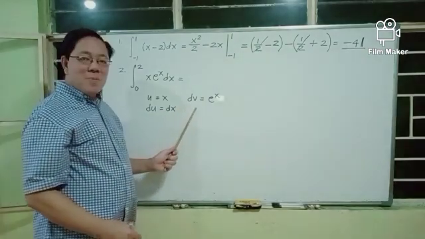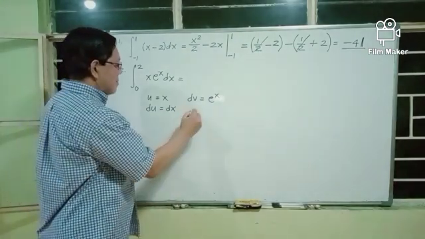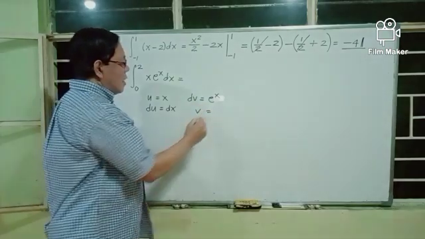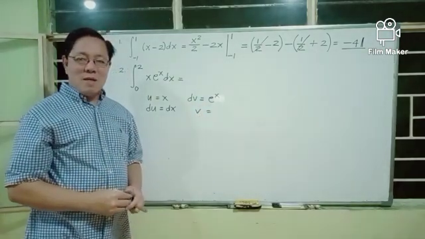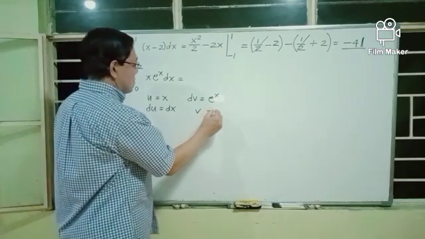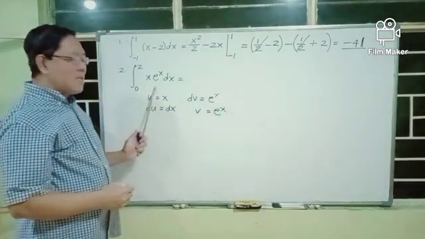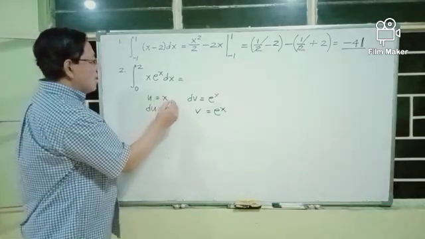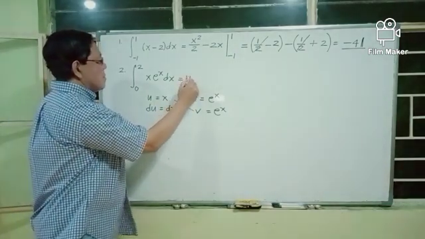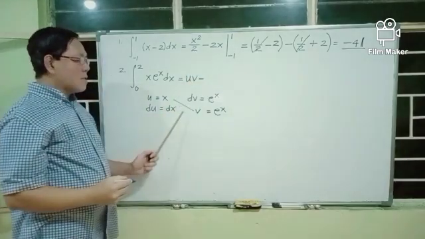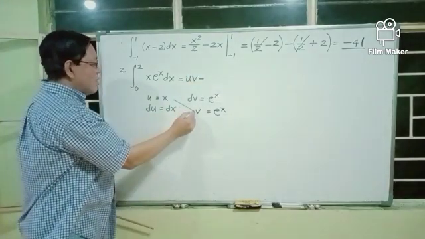The integral of dv is v. And the integral of e to the x is e to the x. By integration by parts, the given integral is equal to uv minus the integral of v du.